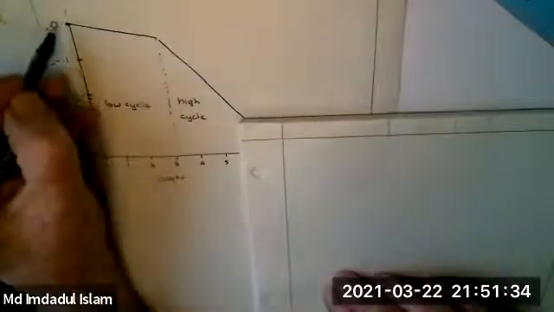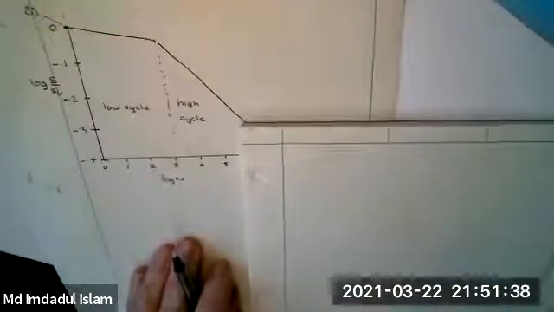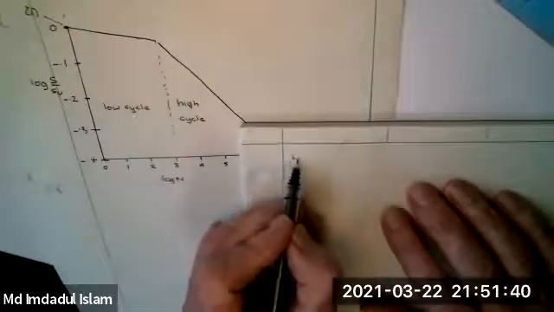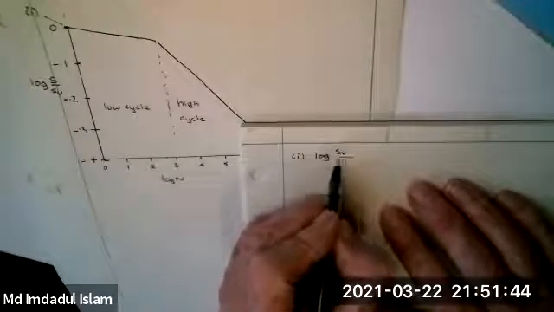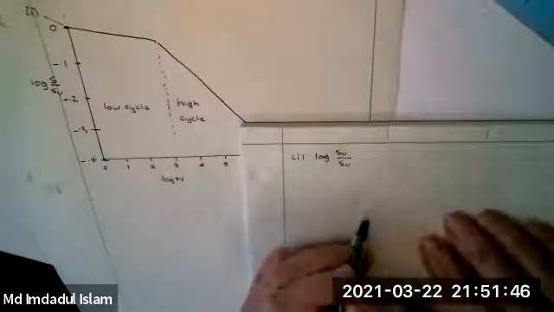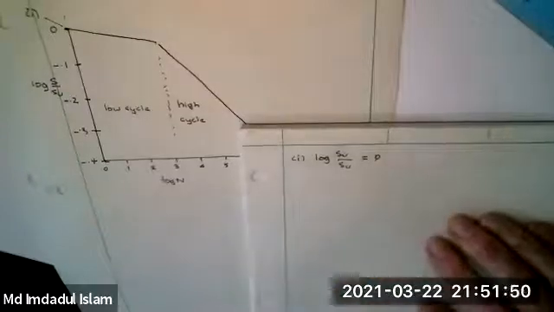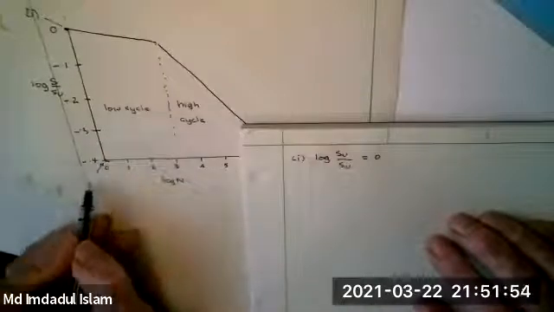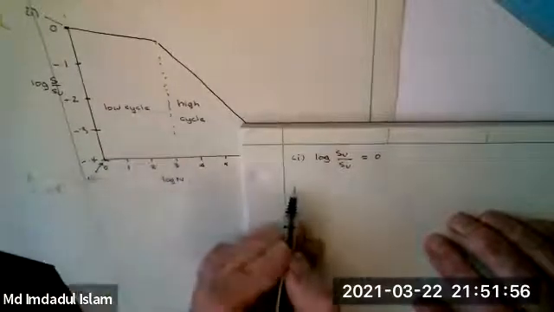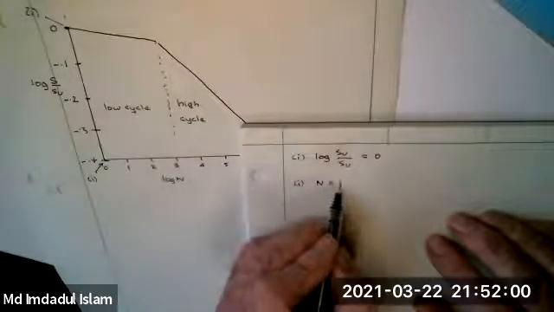Well, this point here, that's log of S over SU, which is log of 1, which is 0. The corresponding point here, we're going to say n equals 1.